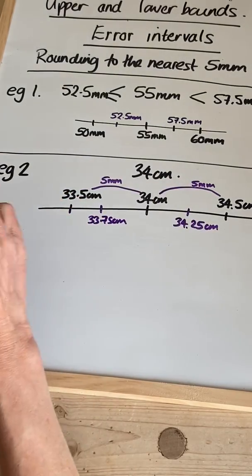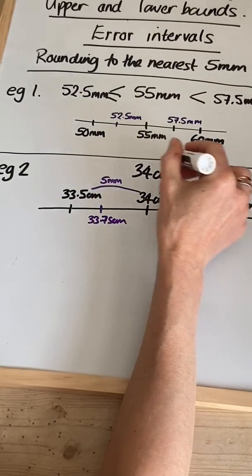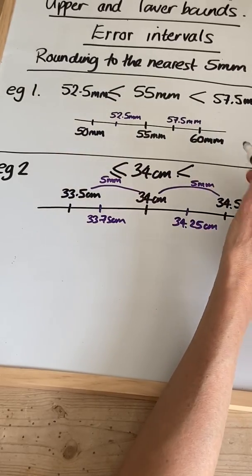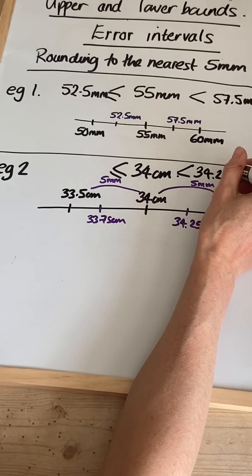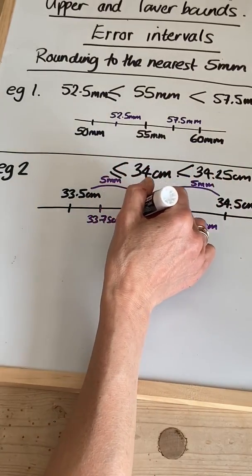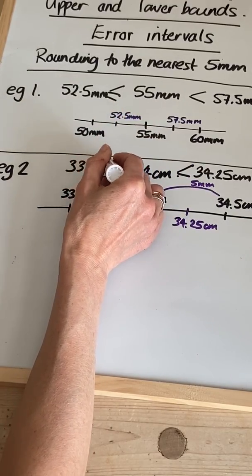So we're going 2.5 millimeters in each direction, which is 0.25 centimeters in each direction. 34.25 centimeters is my upper bound, and 33.75 is going to be my lower bound.